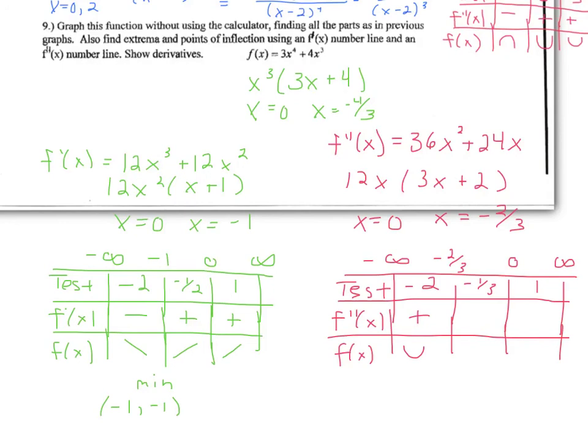And if I plug in a -1/3, I'm going to get a negative and a positive, so I'll be negative and concave down. And if I plug in 1, I'm going to get a positive and a positive, so then I'll be concave up. So now it looks like I'm ready to graph my function.